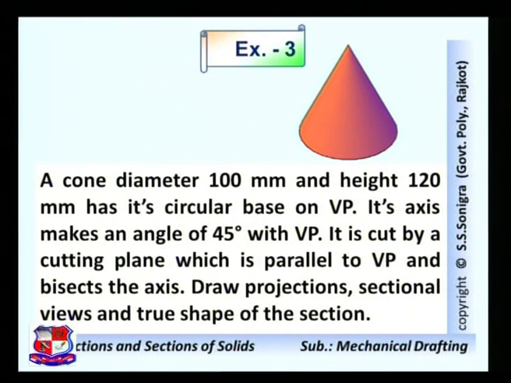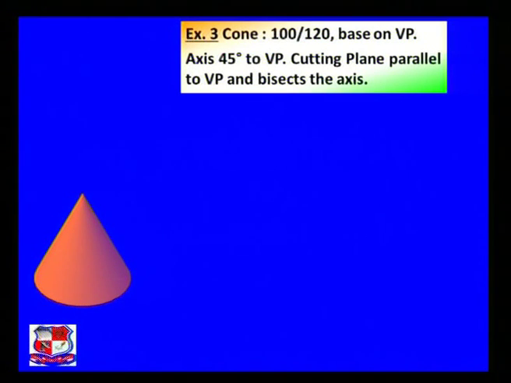Draw projections, sectional views and a true shape of the section. Here a cone of diameter 100 mm and height 120 mm is given, and here also some typical condition is given. The circular base is on the vertical plane, not on the horizontal plane, similar to the previous example. So this is the brief data.